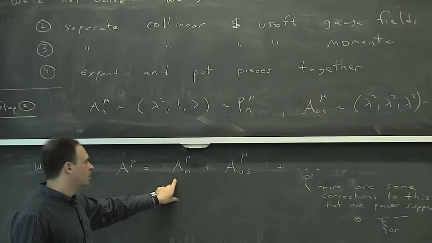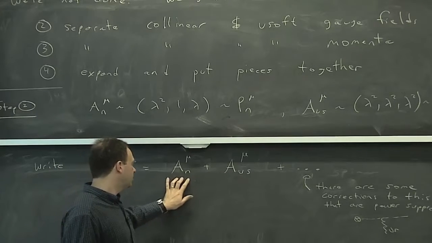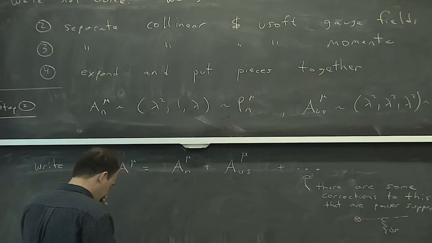And that's kind of physically what's going on here, because we have two different modes that have different wavelengths. These guys are really long wavelength. These guys are shorter wavelength. Remember that the p squared of these guys is much larger than the p squared of these guys.